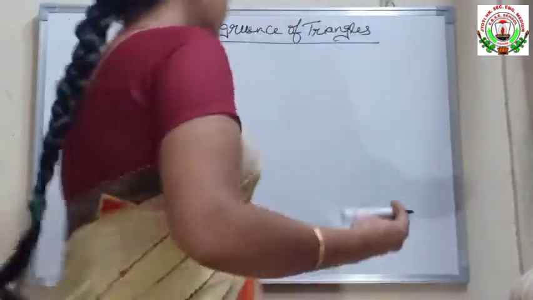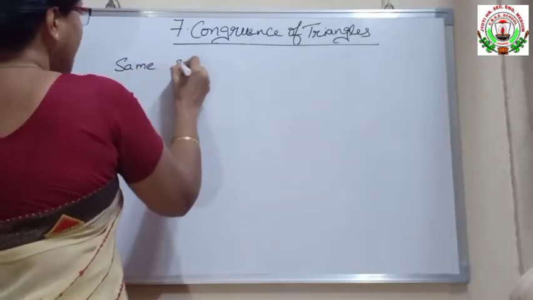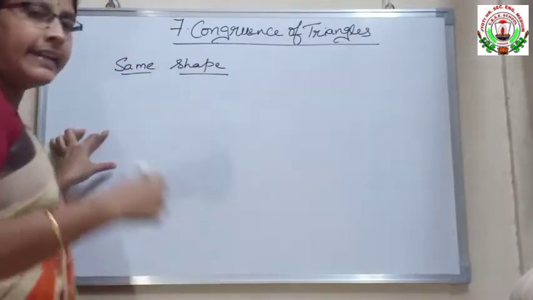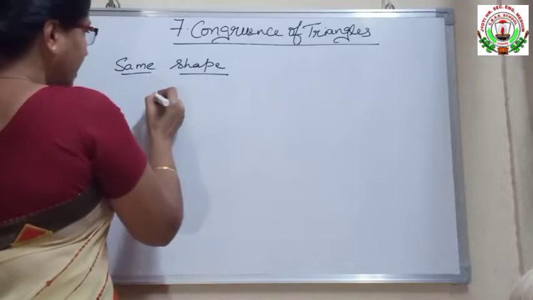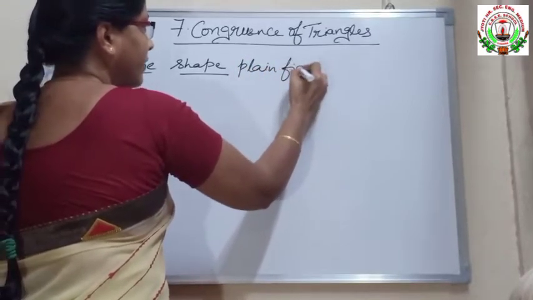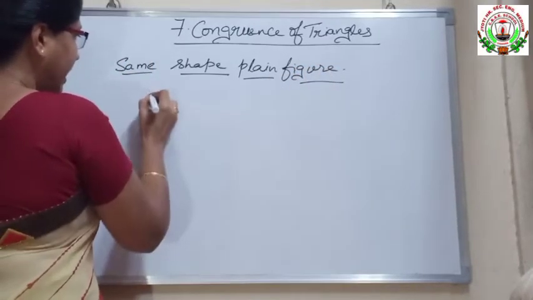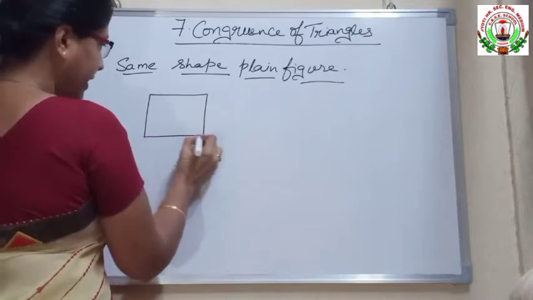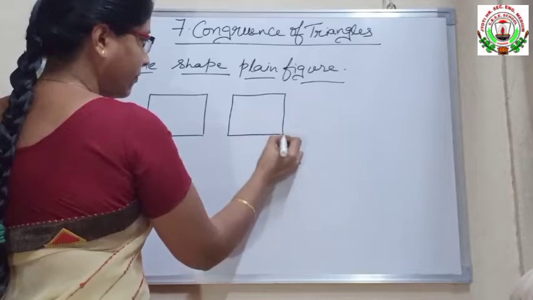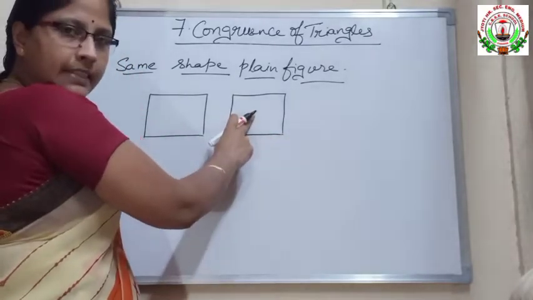Example, see here, same shape. If I take same shape, I can take anything, for example, like plane figure. I can take two squares. I have taken two plane figures, that is squares.